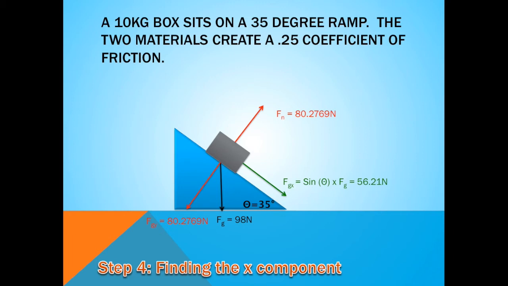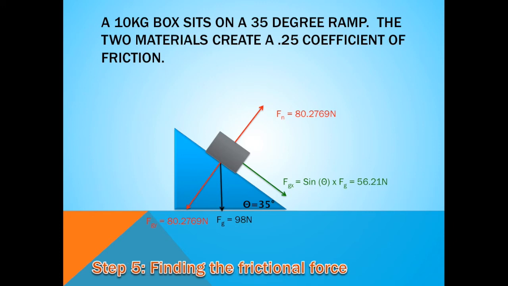If we wanted to find our acceleration, we would simply take our mass of the object, 10 kilograms, and divide 56.21 by our 10 kilograms. In that case we'd have an F net, so movement would happen, because we have nothing opposing it.